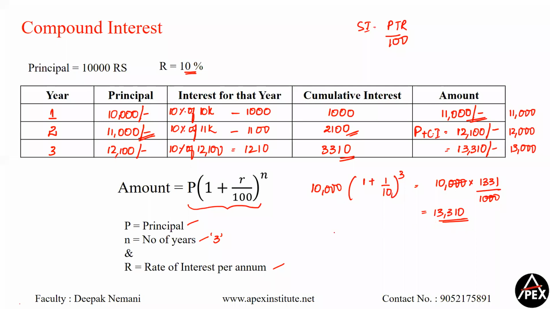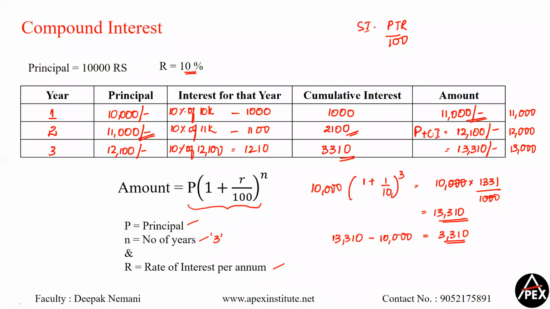If you want to calculate only the compound interest, then what needs to be done? You need to subtract principal from this amount. So this 3,310 will be your compound interest. Amount is equal to principal plus compound interest.